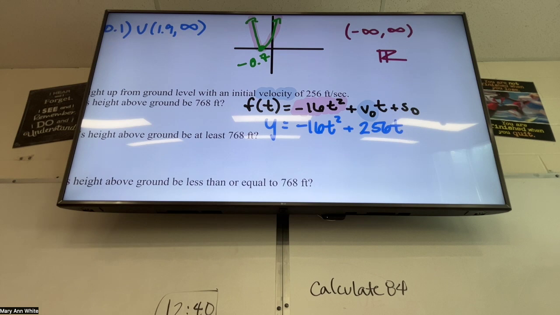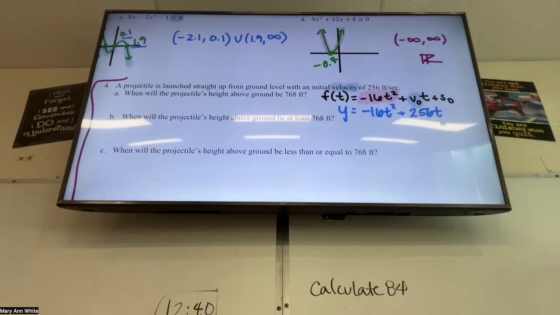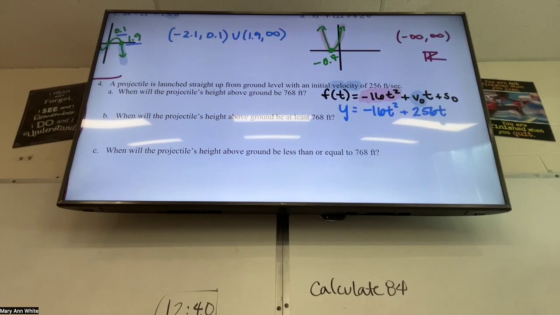Okay, we need to graph that. And then if you read the rest of these prompts, it says, when will the projectile's height above ground be 768 feet? When will it be at least 768 feet? When will it be less than or equal to 768 feet? All I care about is this graph right here and 768 feet, because that's in every single one of those pictures.